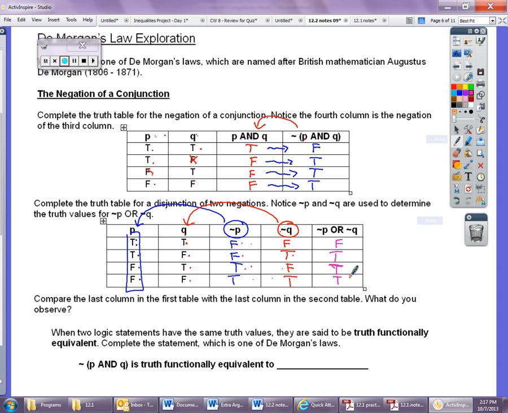Now if you compare these two last columns, what do we notice? What's our observation? Well, they're the same. The last columns are the same.